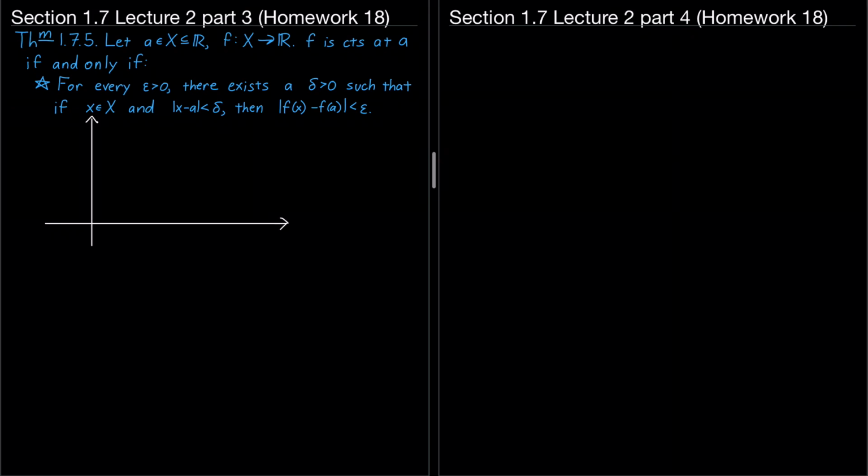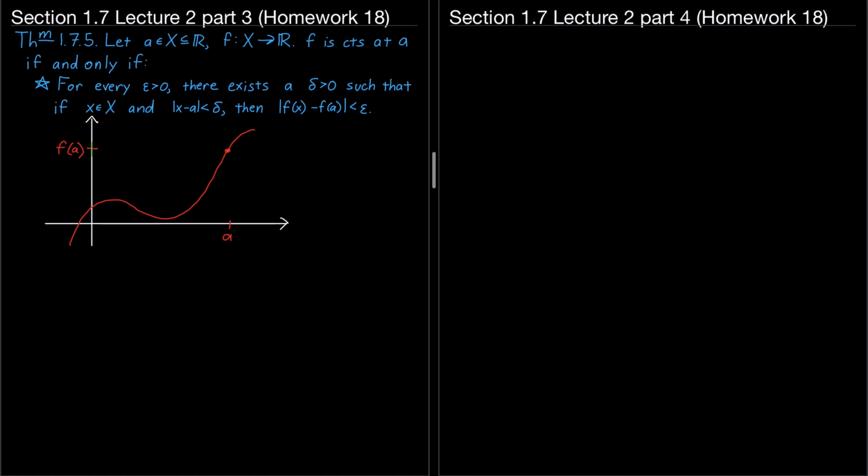So here is the graph of our continuous function. Here is A. That makes this f of A. And the idea is you, or our malicious adversary, whoever, get to pick a little interval around f of A, possibly a very small one.